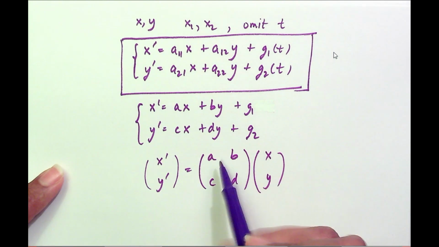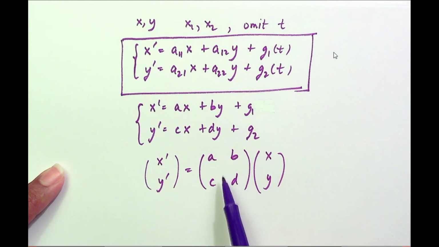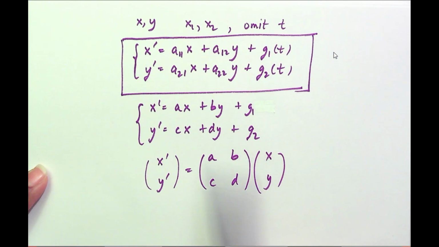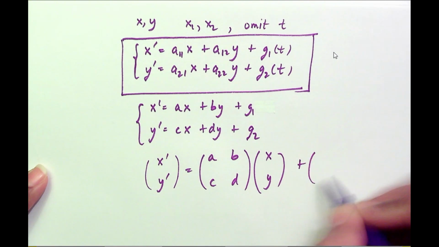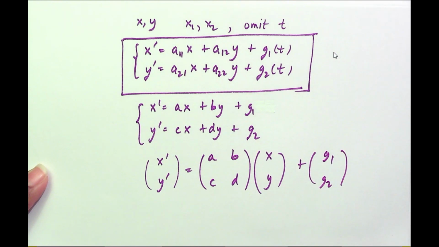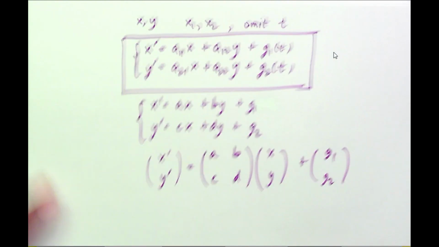You can see that if you multiply this matrix by this vector, you get ax plus by, cx plus dy. So ax plus by for the top, and then cx plus dy, and then plus g1, g2. So you can write the system like that.